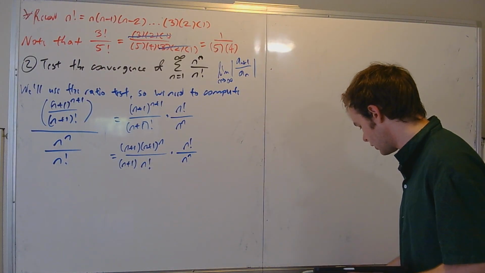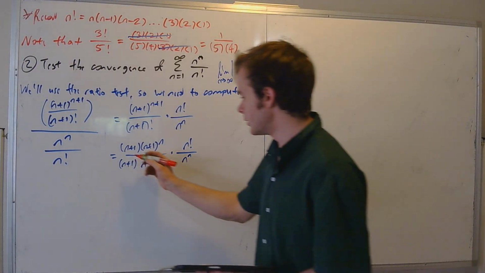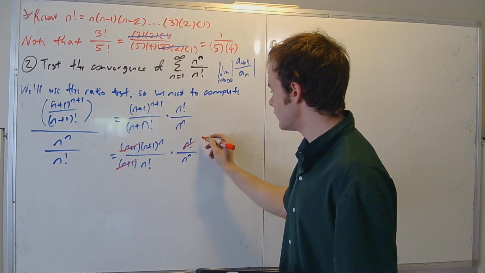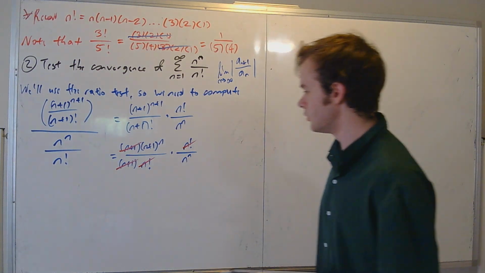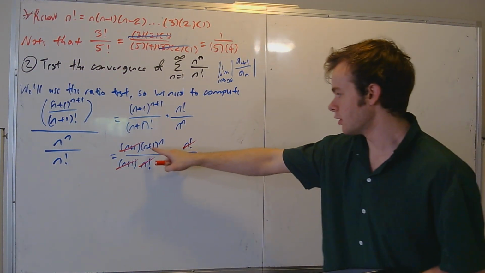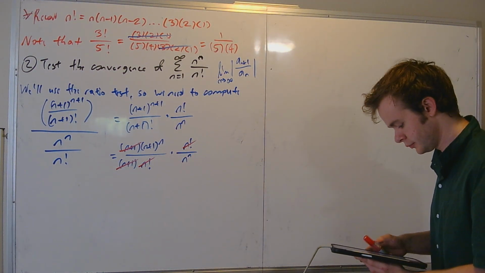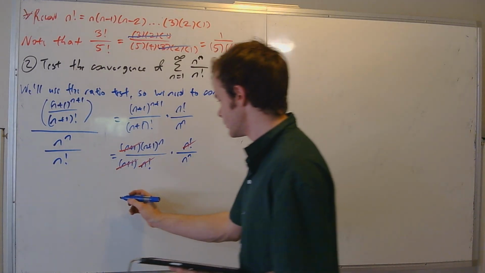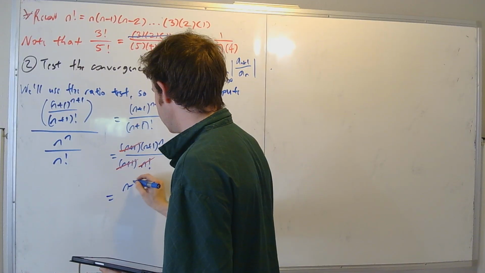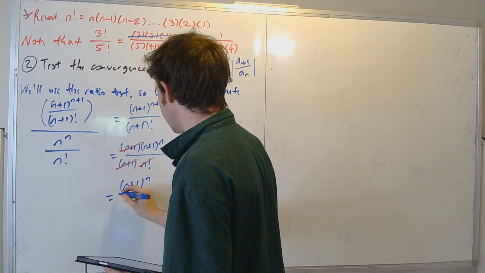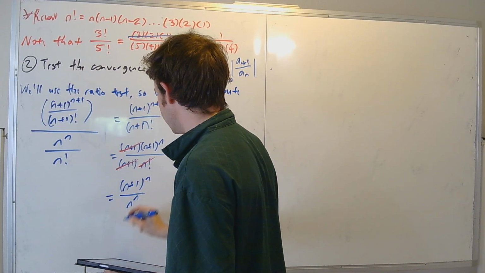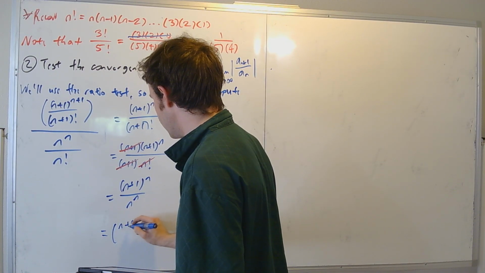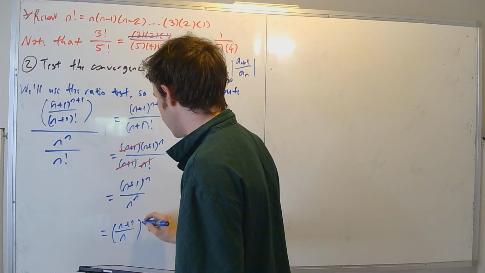Now, let's look at what cancels. This n plus 1 is going to cancel with this n plus 1, and this n factorial is going to cancel with this n factorial. So we're just left with this fraction here: (n plus 1) to the power of n over n to the power of n, which we can simplify as (n plus 1 over n) to the power of n, right?